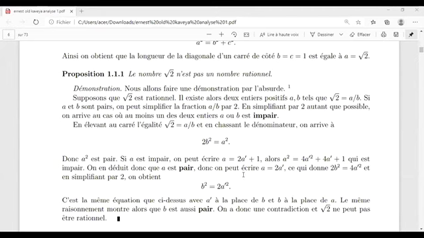Ok. Donc, on peut écrire A égal à 2A prime plus 1, ce qui donne, so we have A prime that we have there, which gives us 2B squared plus 4 A prime au carré here. Oui?